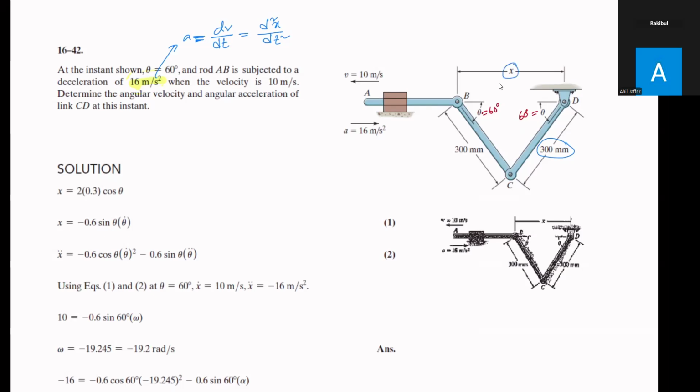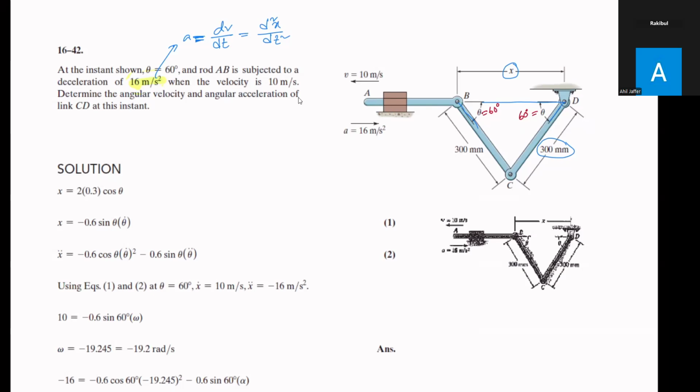If this is a triangle, we know the length and we know the angle, but we are going to keep the angle as a variable. Why?